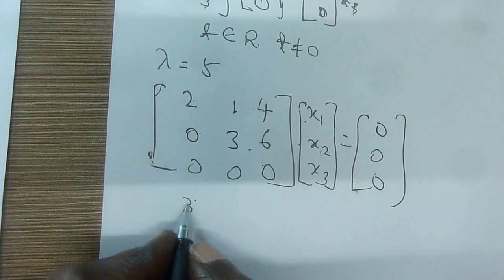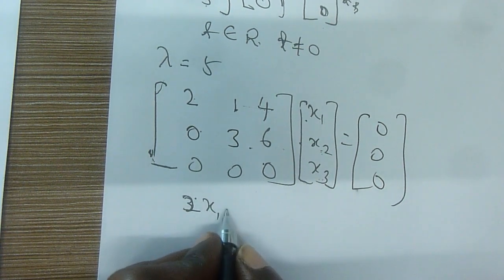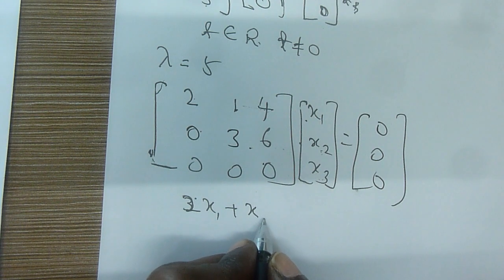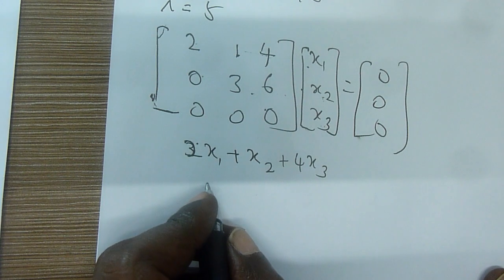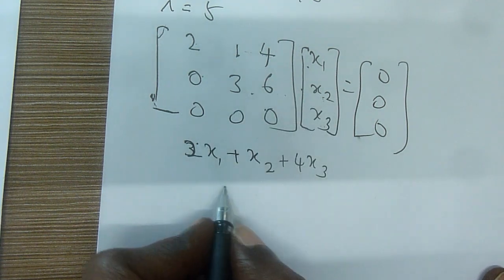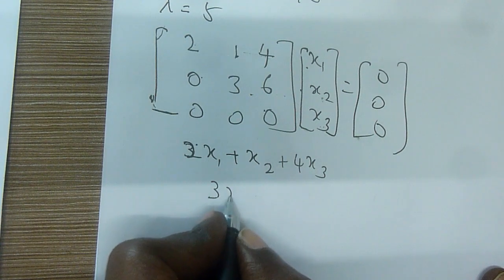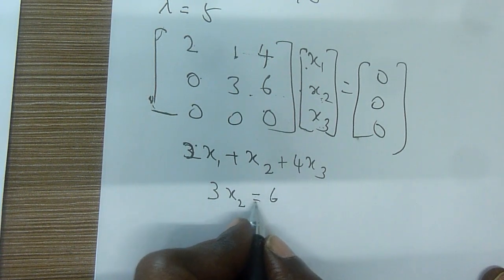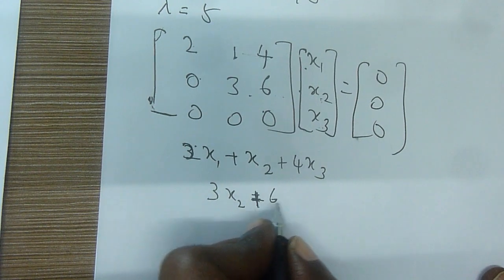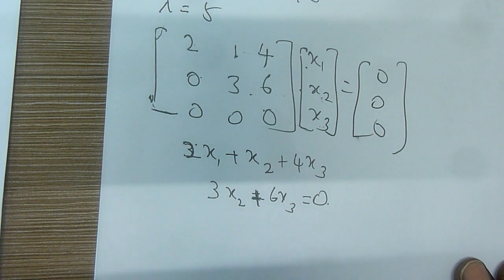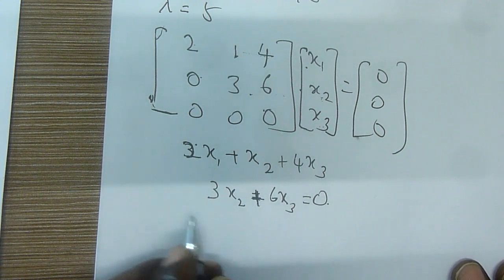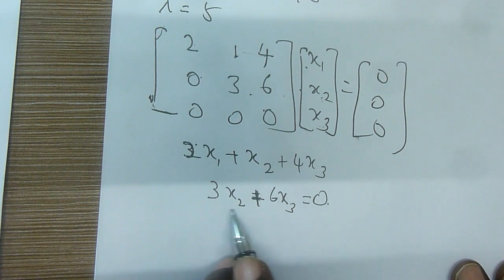First, 2x1 plus x2 plus 4x3, and the relationship within this one is 3x2 plus 6x3 equals 0. Sometimes here we get a negative, not a good value.